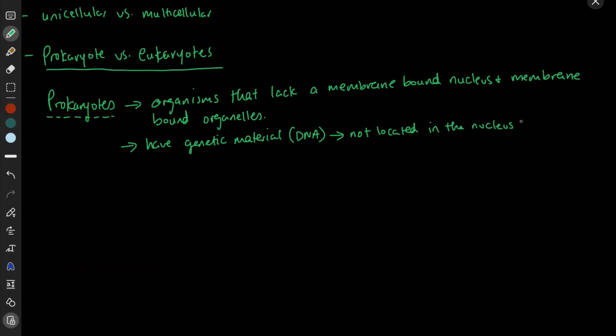Instead it is located in what's called the nucleoid. A nucleoid is just a central region of the cell that contains DNA, right? So prokaryotes still do have DNA, but they don't have membrane-bound organelles or a membrane-bound nucleus.